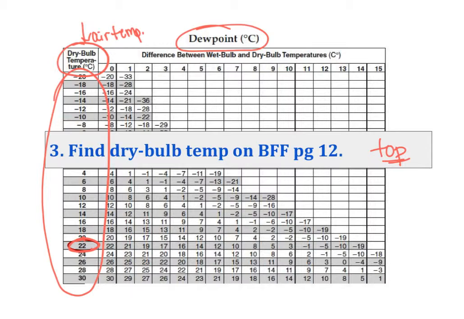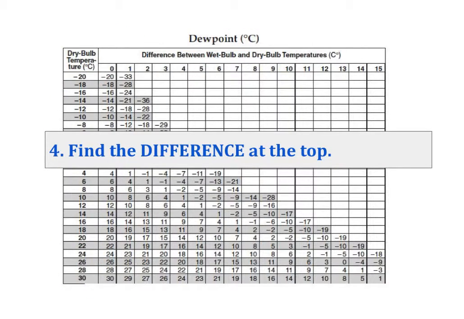Great, that's step 3. Step 4, you need to find the Difference at the top. Notice I capitalized difference. Make sure you record that in your input page. That's step number 4. Because at the top of this chart, it literally says difference between wet bulb and dry bulb temperatures.